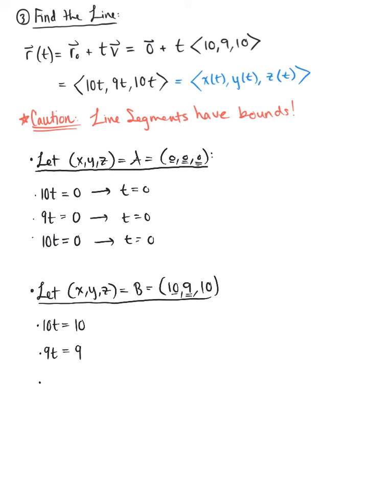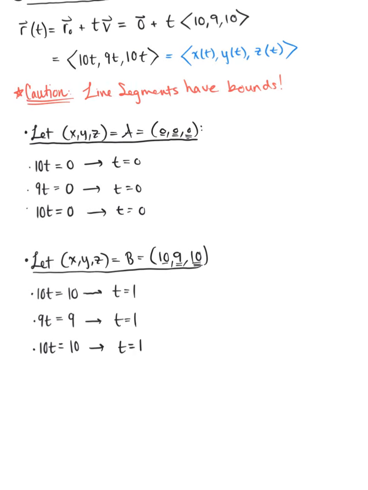And we take z of t, which here is also 10t, and we equate this to z, which is 10. Again, we should get the same answer every time. And we do. Dividing both sides by 10, we get t is 1. Dividing both sides by 9, we see that t is 1. And last but not least, dividing both sides by 10, we see that t is equal to 1. This is letting us know the bounds on our line segment.